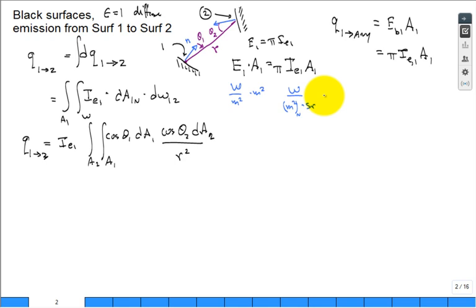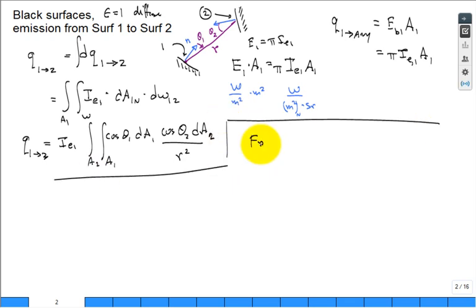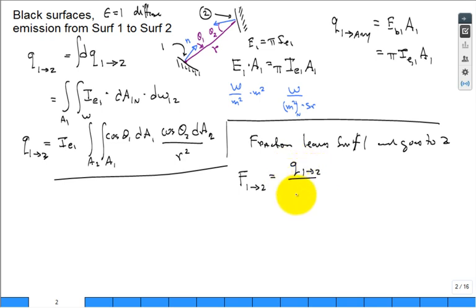So if I'm interested now in getting the fraction of the energy that leaves surface 1 and goes to 2. So it's the fraction. So what I do is I'll say that fraction from 1 going to 2 is equal to Q leaving 1 and going to 2 divided by Q1 going anywhere.